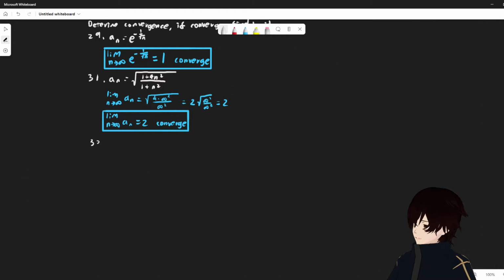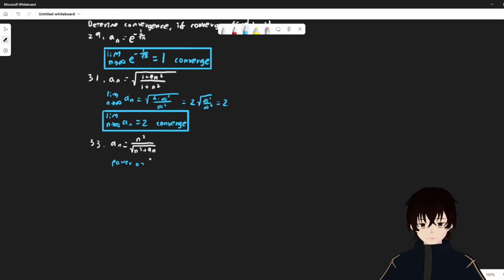Now, next up we have 33. 33 says a of n is equal to n squared times the square root of n cubed plus 4n. Well, power on top is 2, power on bottom is 3 over 2. The power on top is higher.